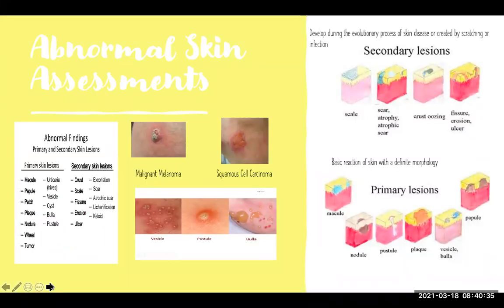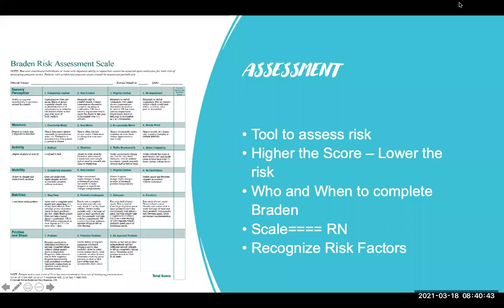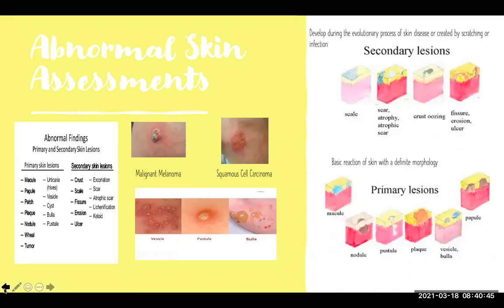All right, so here are examples of what we are assessing for. These are the type of lesions that you're going to look at, and they're considered secondary and primary lesions. So the primary lesion is what is the result of a pathological change.